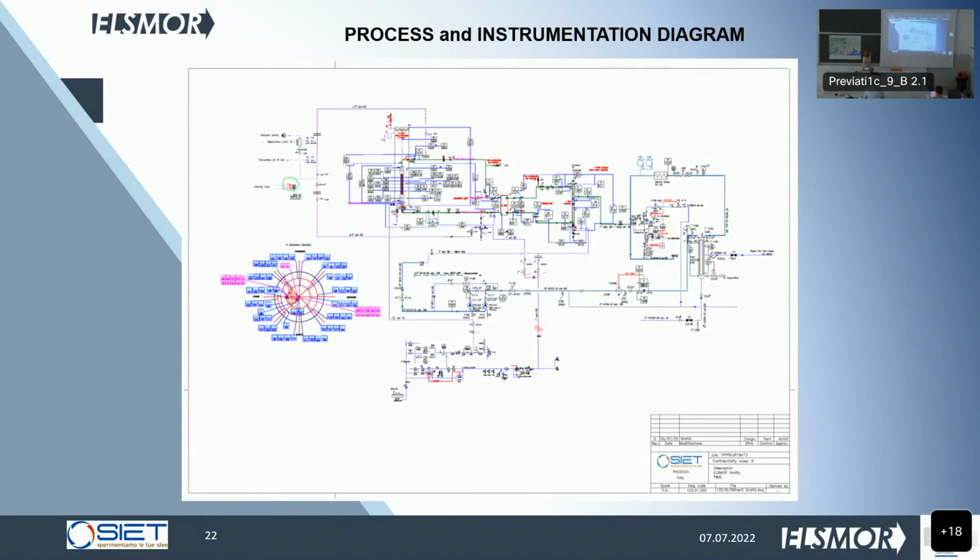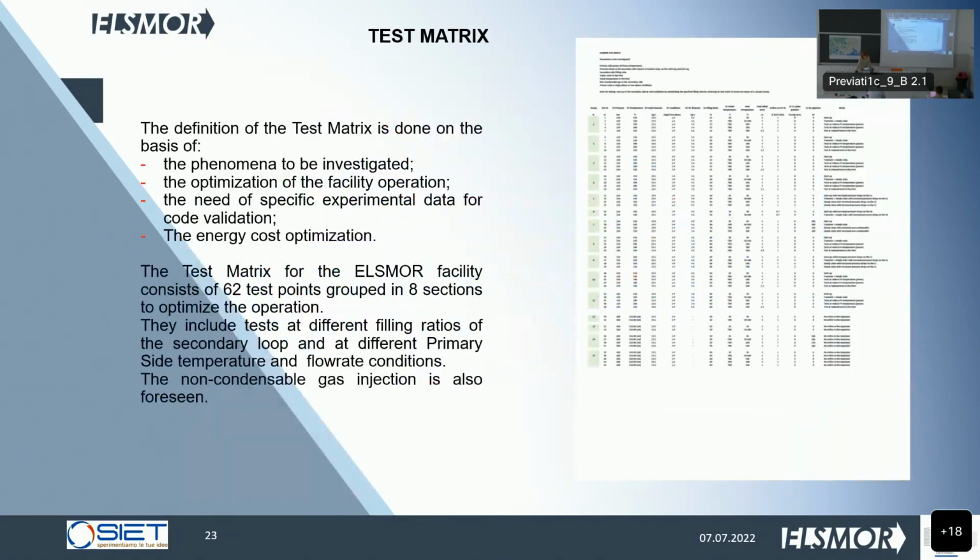We have the natural circulation loop in here, and we have the primary loop in here with all the circulation loop that contains the pump and so on, and all the installed instrumentation. So we know exactly where instruments are located. This is just to give an example of a process and instrumentation diagram.